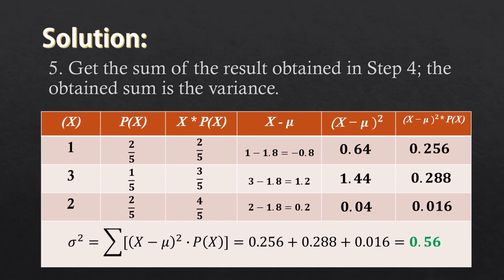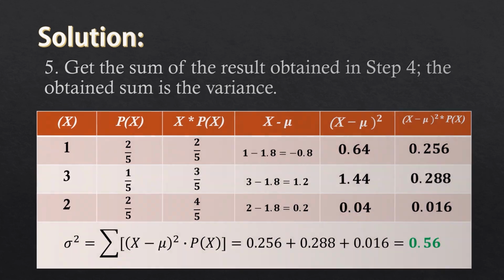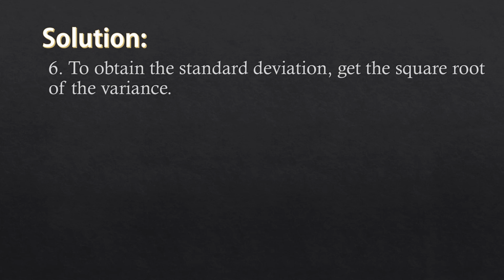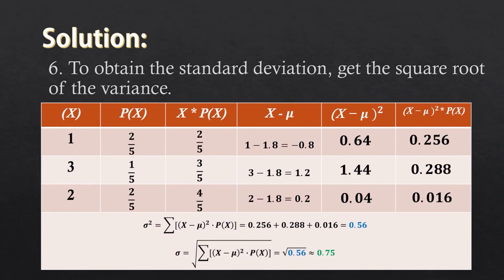And for the last step, we need to obtain the standard deviation by getting the square root of the variance. So the standard deviation symbol is equal to the square root of 0.56, which is approximately 0.75.